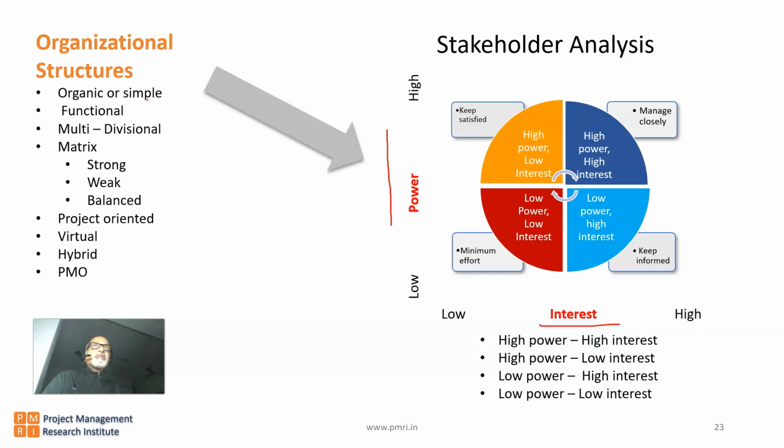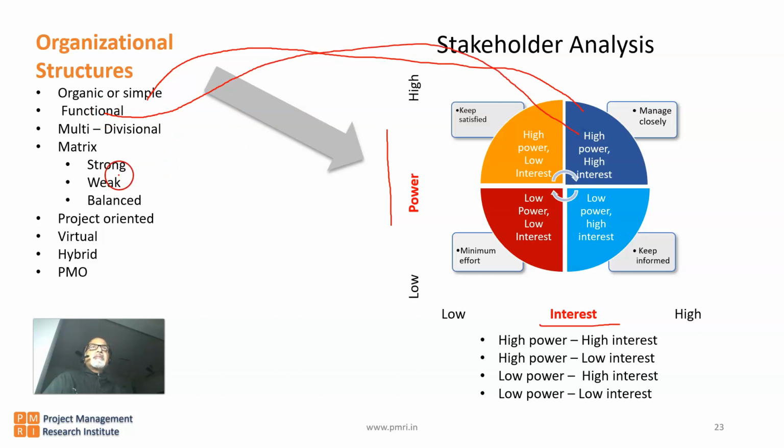So if your customer is an organic, or if you are part of an organic or simple structure, most probably the owner of the company falls into high power, high interest. If you are a functional organization, or if your client is a functional organization, or if your supplier is a functional organization, most probably that functional manager will fall into a high power, high interest category.